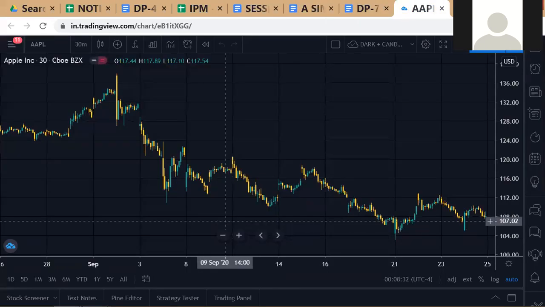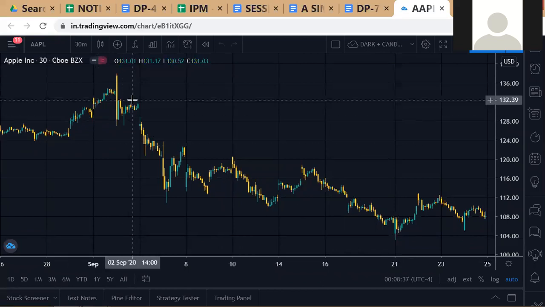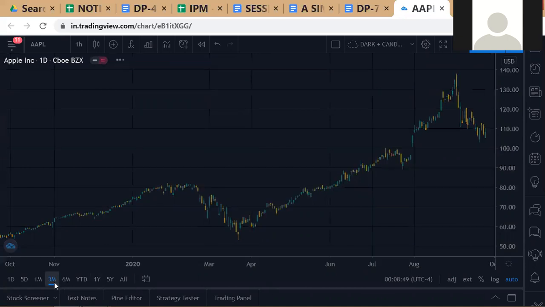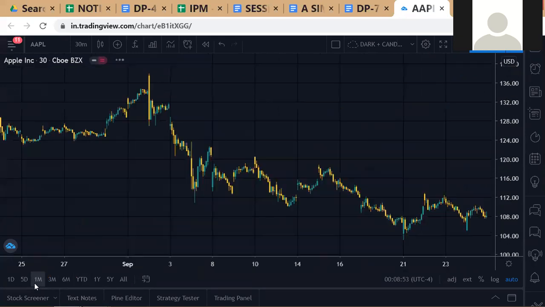So what we said was, this is actually a long-term uptrend if you look at the long-term charts. In that, there is a downtrend happening. If you were a mean reversion trader, we would look at 1 month, assuming that your short-term view is 1 month.